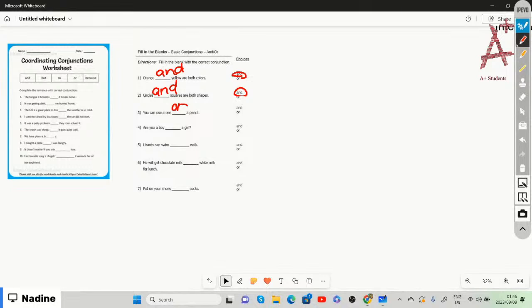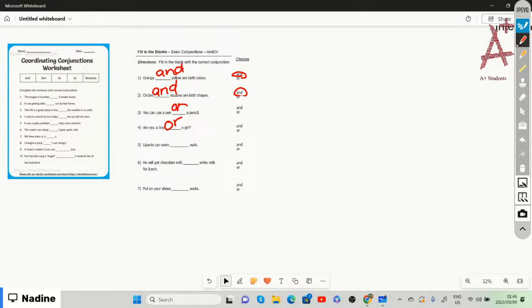And the last one, are you a boy and a girl? Are you a boy or a girl? So with this one, it's like asking a question. What are you? Are you a boy or are you a girl?